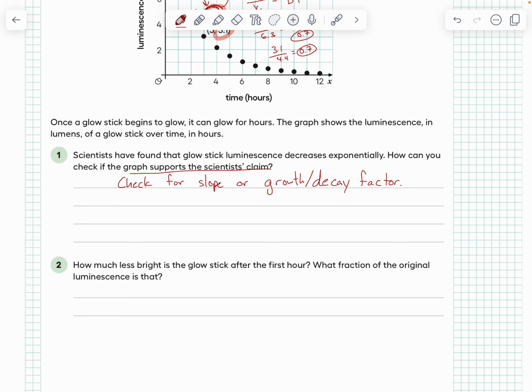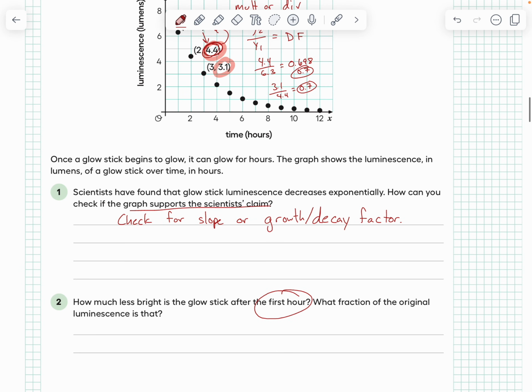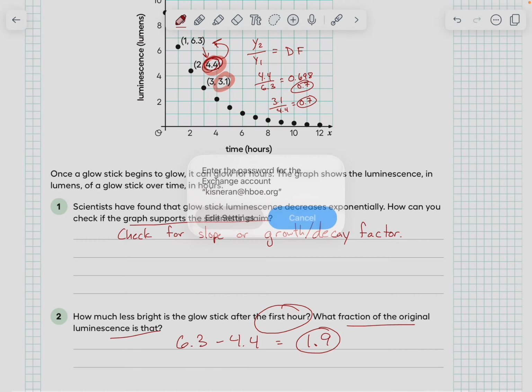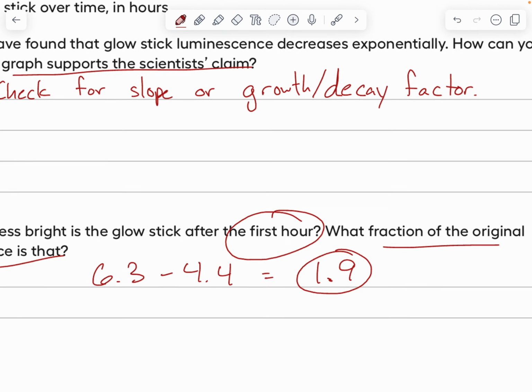Okay. How much less bright is a glow stick after the first hour? Okay, what it's asking is, what fraction of the original luminescence is that? It is 6.3 minus 4.4, which is 1.9, right? That's how much is left over, that luminescence. So it's saying how much of the original is left over?